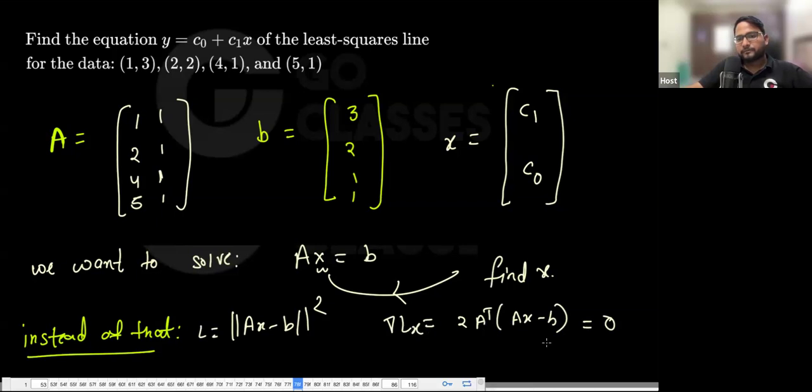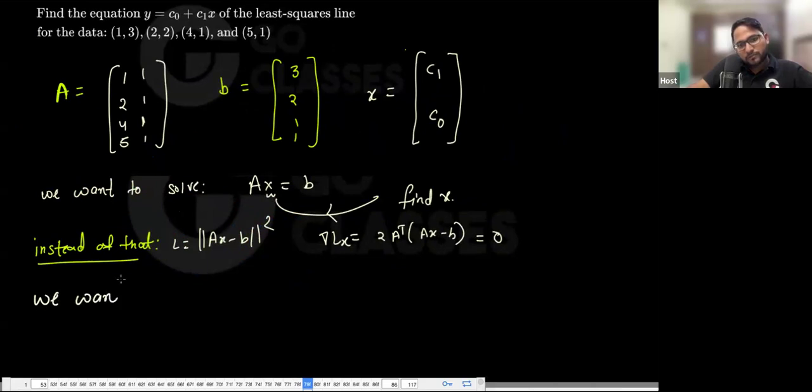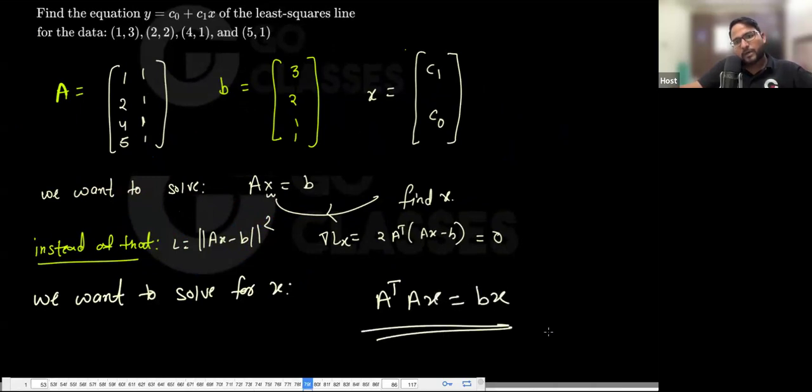Let me know. So basically you have made your loss function, and then you are taking the grad. Ultimately it is coming like this. We have done this already, so I'm not doing it again and again. You can even bypass writing this. You can directly say that we want to solve for X in this equation.